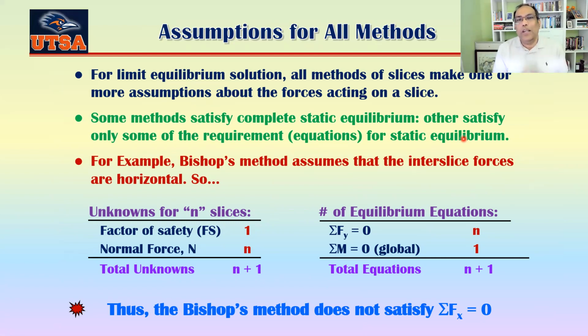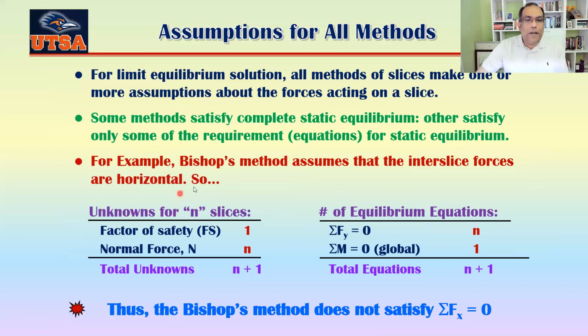What are those three equations? Summation of forces in x direction, summation of forces in y direction, and summation of moments equal to 0, right? So you will see that some of the methods don't satisfy all those static equilibrium equations.